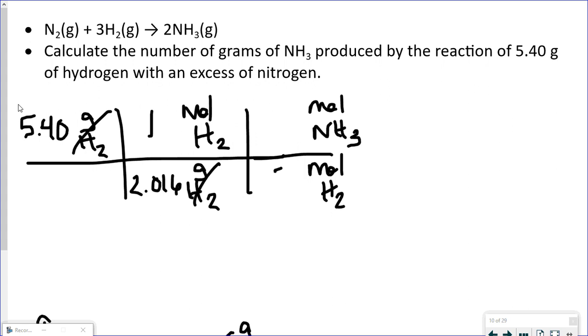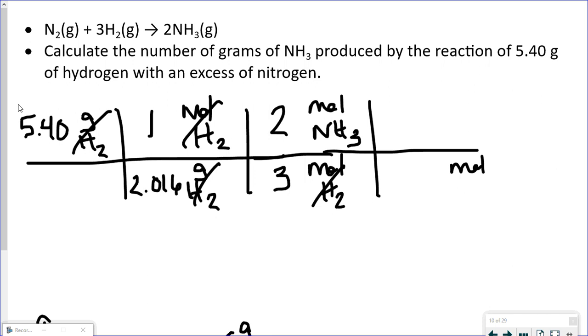We have 3 moles of hydrogen and 2 moles of ammonia. That will cancel out moles of hydrogen, leaving us with moles of ammonia, but we're not finished because we want grams of ammonia. So since we no longer need moles of ammonia, that will go to the bottom to change into grams of ammonia.